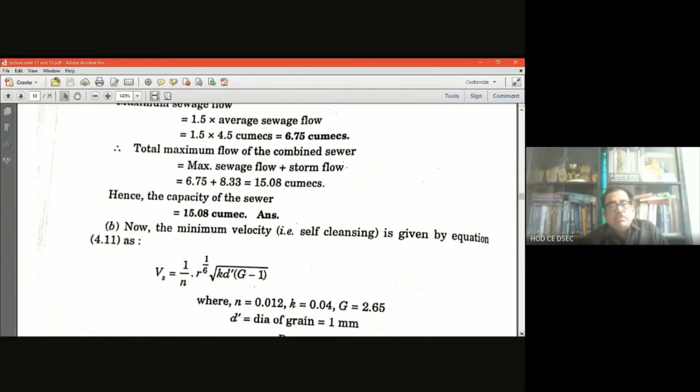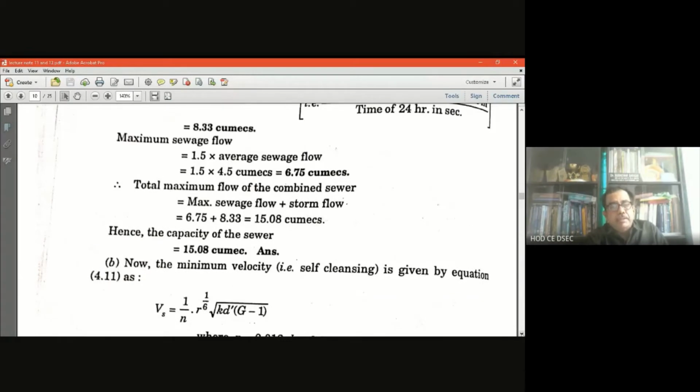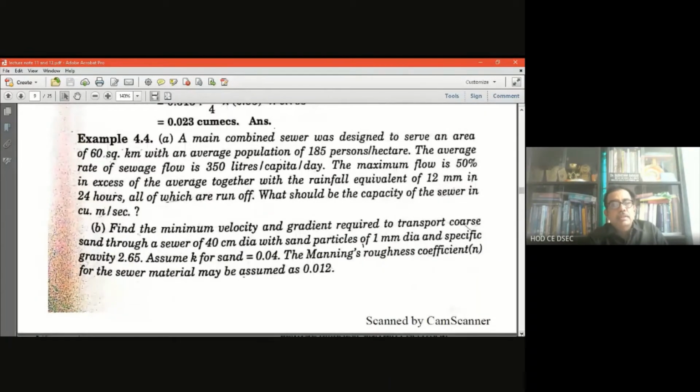Now let me see the second part, because the question has two parts. The capacity of the sewer, meaning the discharge in cubic meters per second, has already been found out.